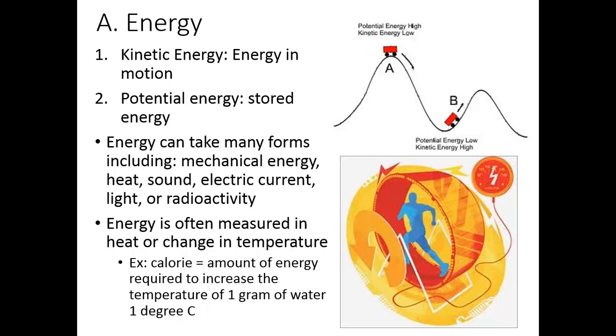And we measure it in units called calories or joules, but calorie is one we're most familiar with because that's what we talk about when we talk about our foods. How many calories, how much energy does it have? And 1 calorie is the amount of energy required to increase the temperature of 1 gram of water 1 degree Celsius. Okay, so that's what a calorie is.